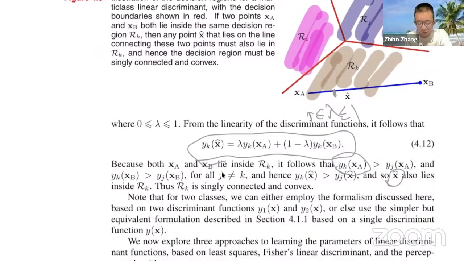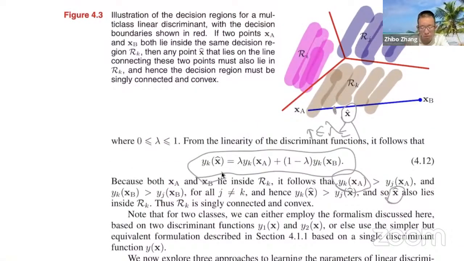Because x-anchor here is a weighted combination of xa and xb, yk of x-anchor is greater than or equal to lambda yi xa, also greater than or equal to lambda yj xa. And 1 minus lambda is something greater than 0, remember, so it's a positive coefficient.